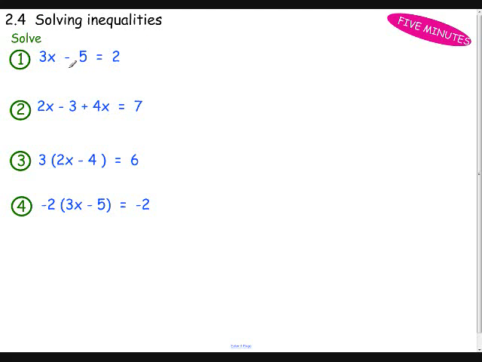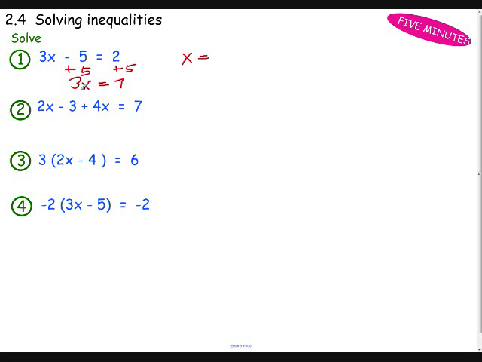How are we going to solve this? Well, we're going to use the addition property first, which says that as long as we add the same amount to both sides, we maintain the truth of this equation. So we get 3x equals 7. X equals, what are we using this time?